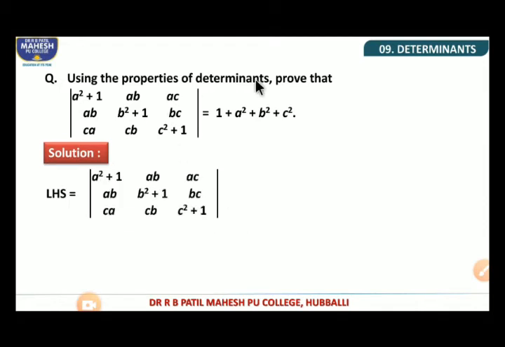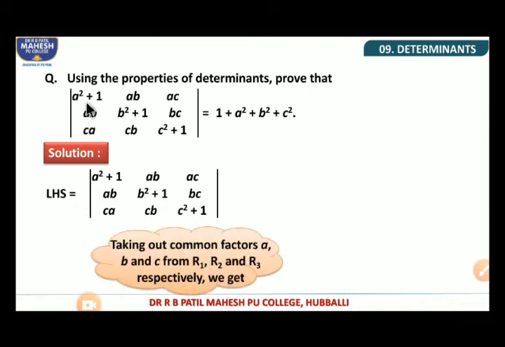So we have to prove this one. For that, observe, we can take a common from the first row, b common from the second row, and c common from the third row.